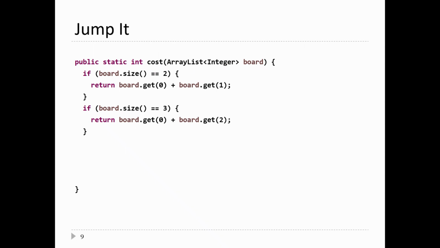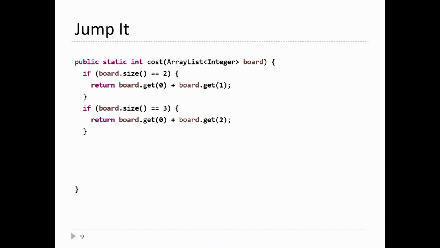So in other words, if I start with this board here, and I want to compute the cost of moving 1 square, then what I want is the cost of that board there. If I can easily form this board, I can just pass that board to the recursive method and let the recursive method figure out how much it costs to solve that board.